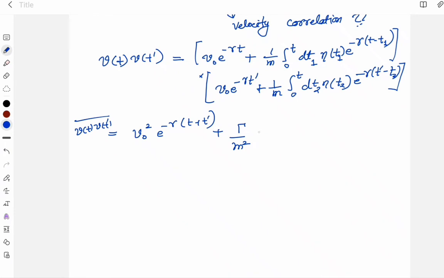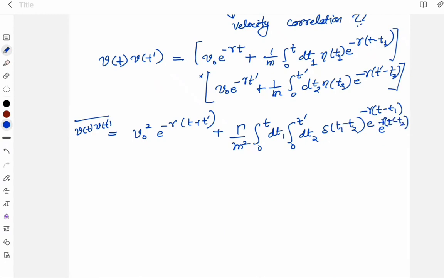Then we will have gamma over m square, integral 0 to t dt1, integral 0 to t' dt2, eta(t1) eta(t2), which will give us gamma delta(t1 minus t2), times e to the power minus gamma (t minus t1) e to the power minus gamma (t' minus t2).